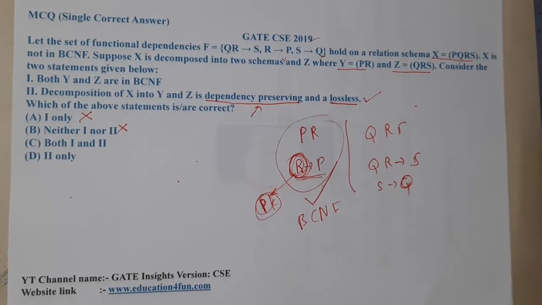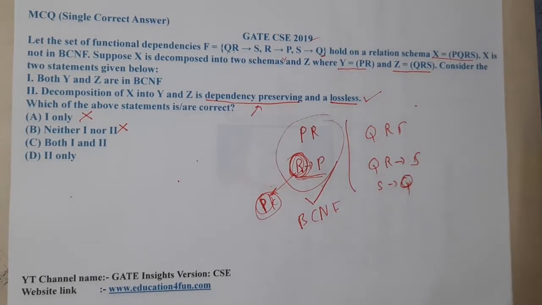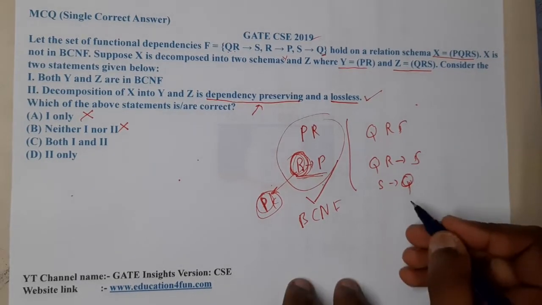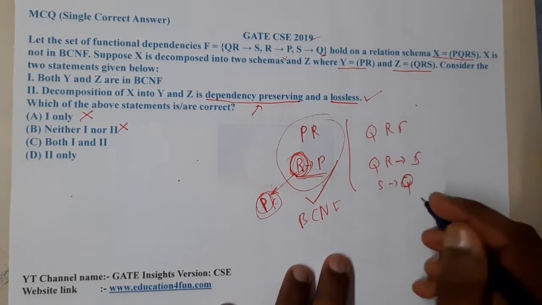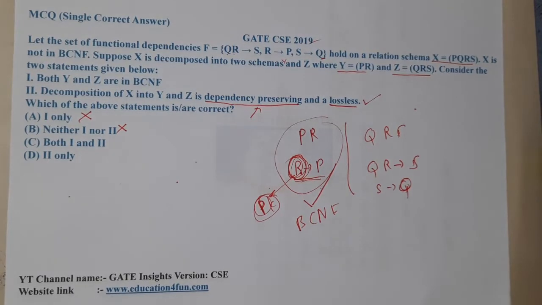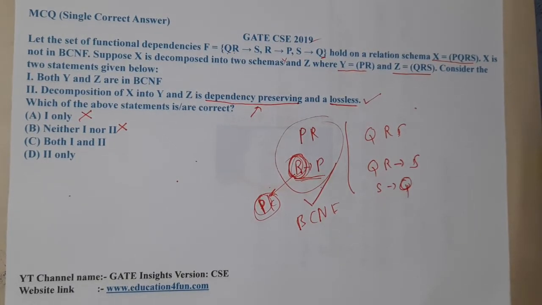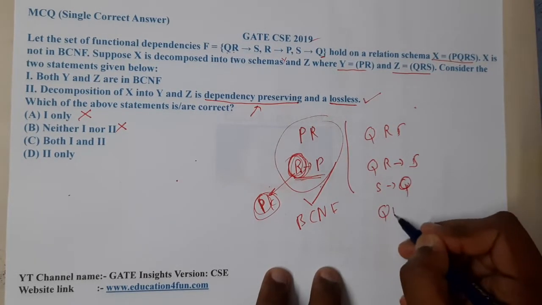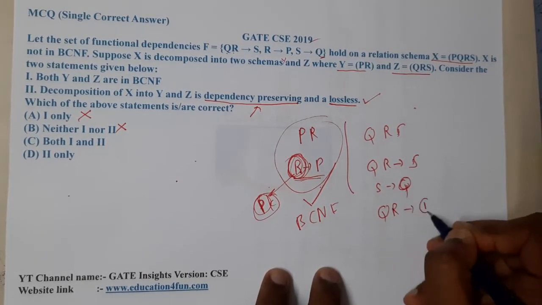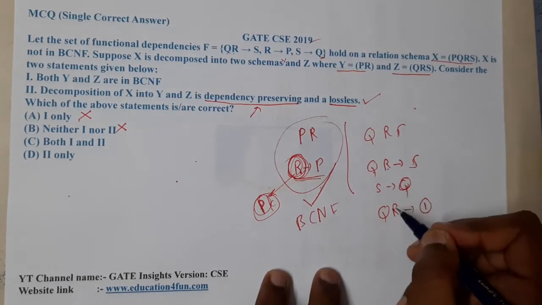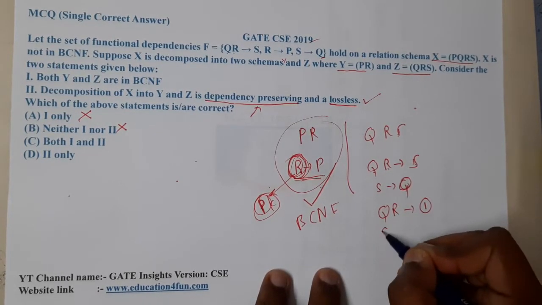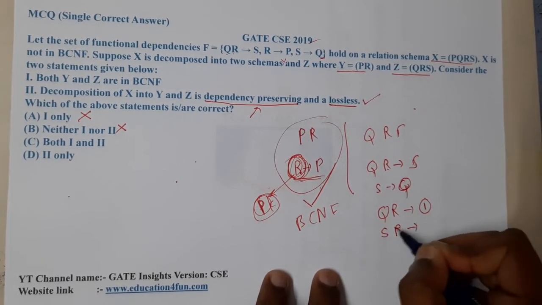But when it comes to the second part, if I try to find the primary key, I can get QR as one key, because from QR I can get S, and the other key could be SR. SR will also be a key.